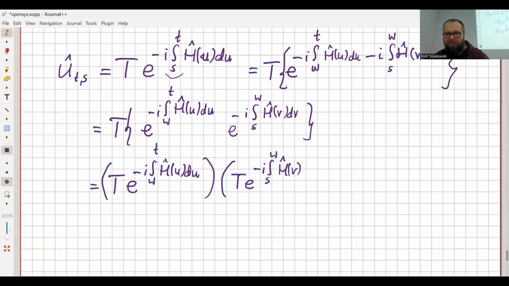But this is the composition rule. Yay! We've proven the composition rule by using the power of talking a lot.